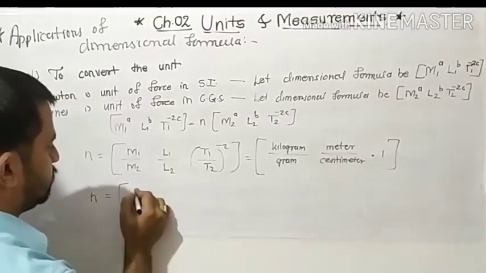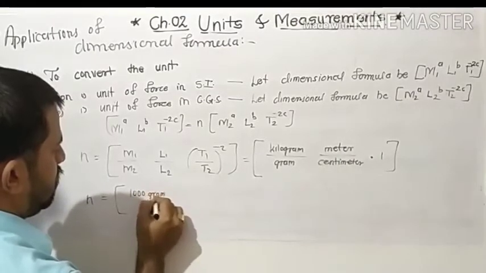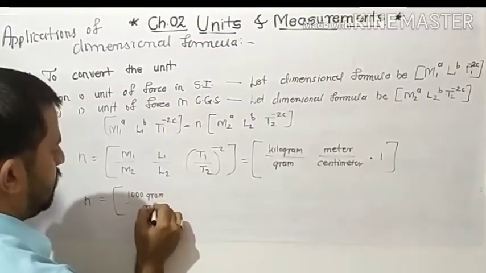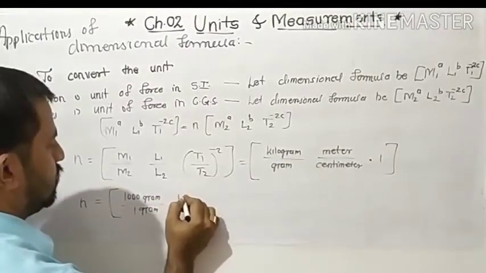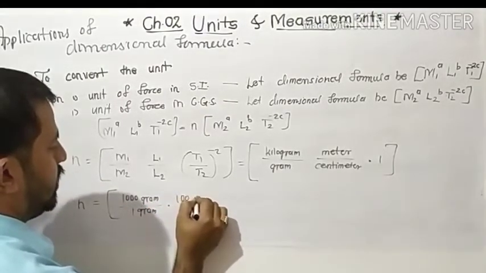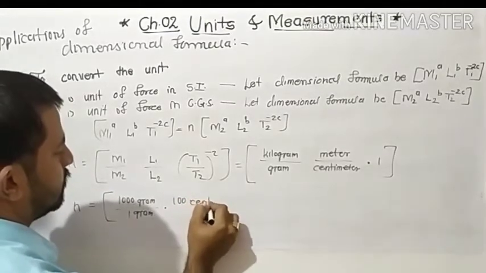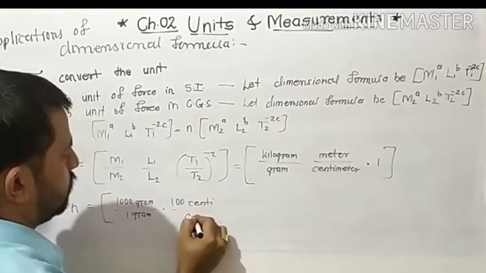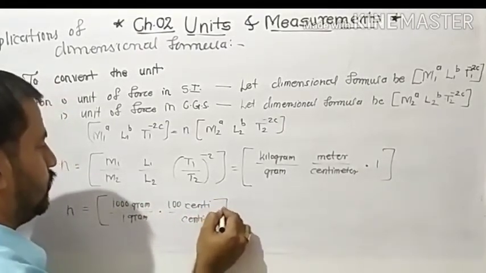It is 1000 gram upon 1 gram, into 100 meter, 100 centimeter is equal to 1 centimeter into 1.